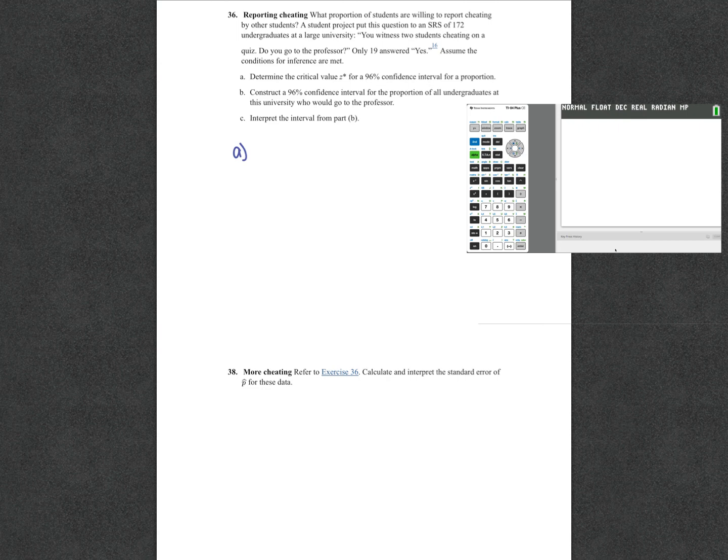Okay, so determine the critical value for 96. Let's look at the first one. So we'll do second vars, which is distributions, just like for a normal CDF, and then go down to inverse norm. And so here, if they want a 96% confidence interval, the easy way is just make the area 0.96, whatever the confidence level is.